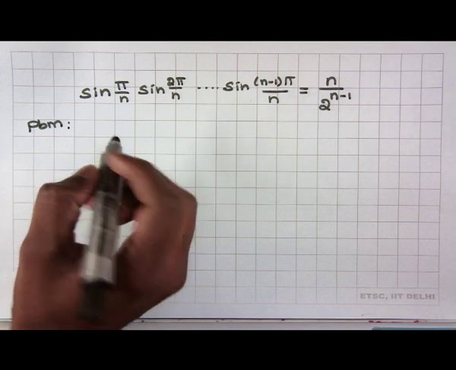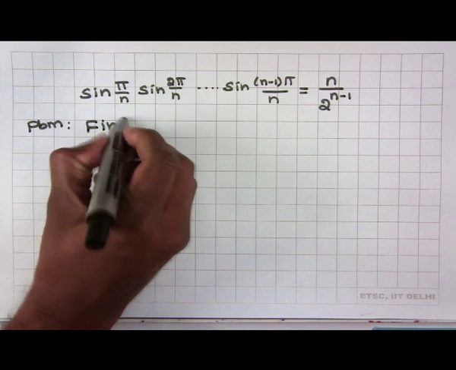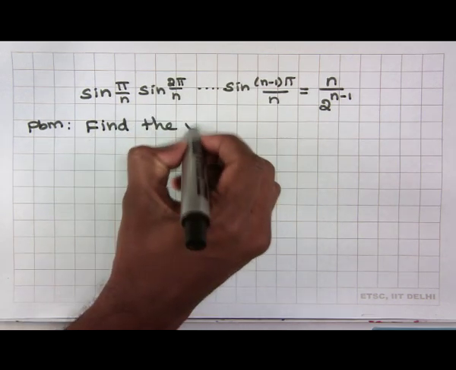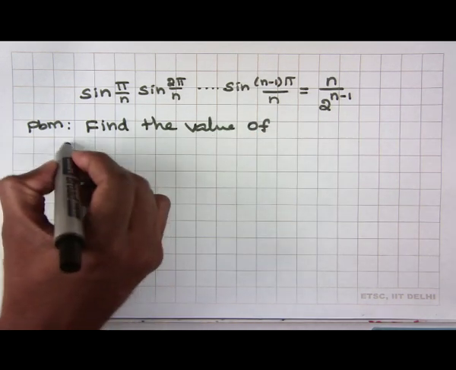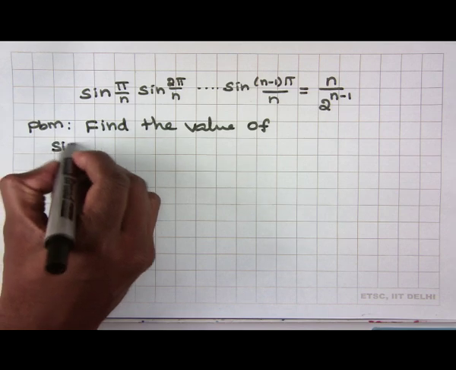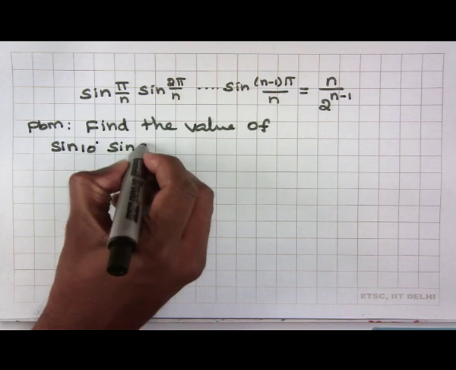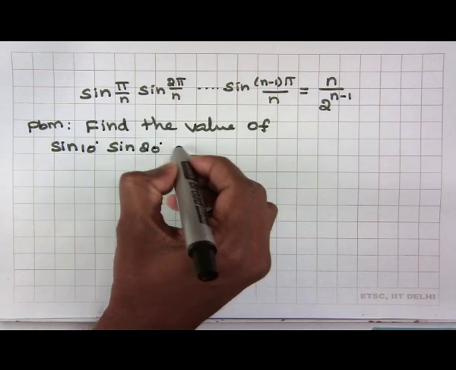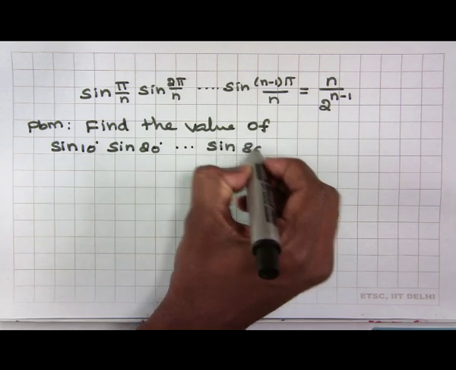Find the value of the following expression. The expression is sin 10 degree, product with sin 20 degree, product, till sin 80 degree.